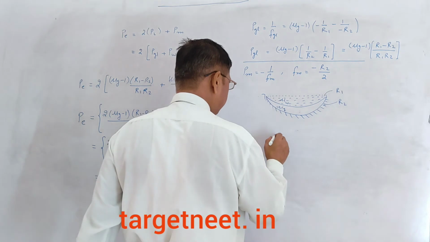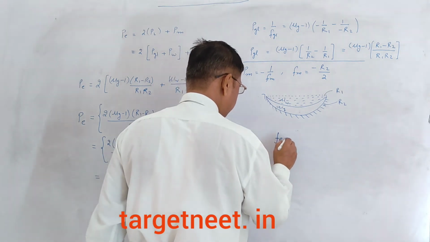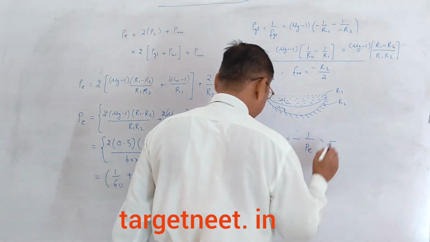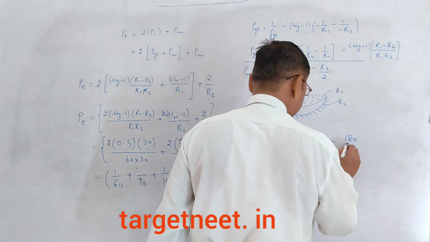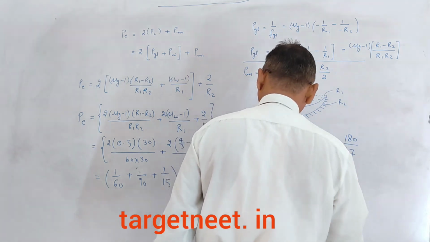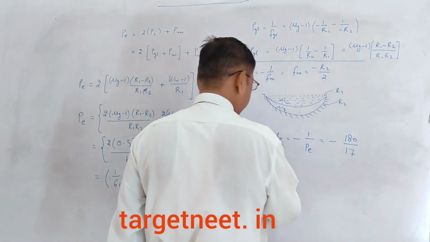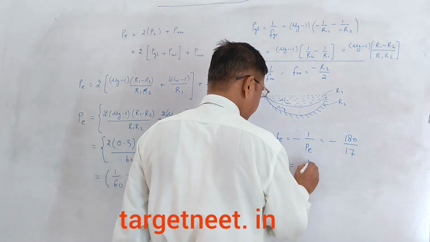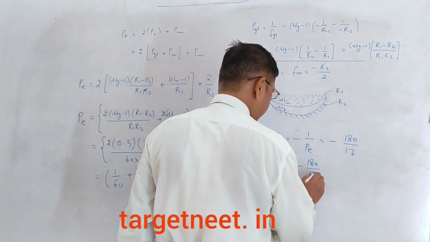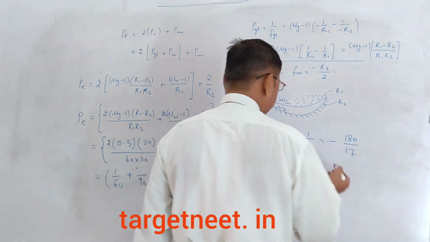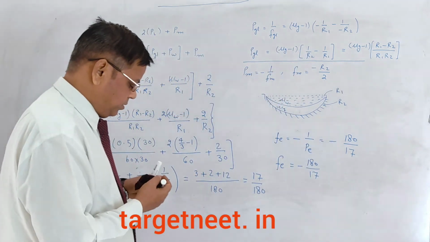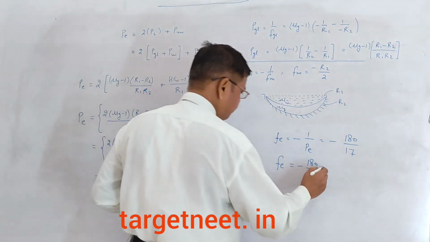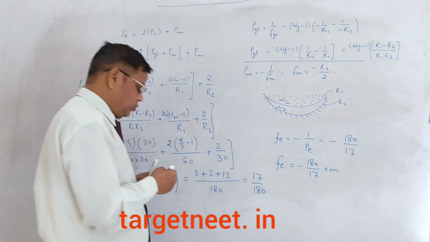So what is the effective focal length? It is minus of 1 by P effective, that is minus of 180 divided by 17. So this is the effective focal length of this system, minus 180 by 17. It is slightly more than 10 centimeter. So this is your answer.